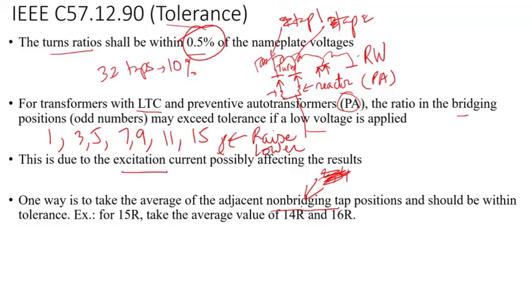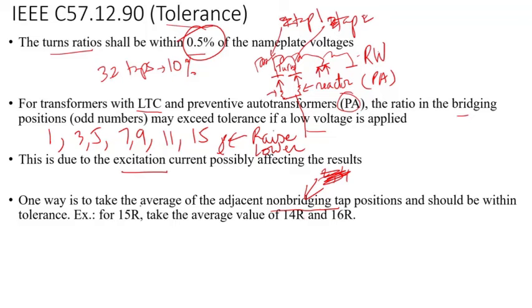But basically, in non-bridging, when the tap changer is not in the bridging position, you take the average of the 2 non-bridging taps that are adjacent to that tap. Then you take the average of that, and it should be within tolerance.